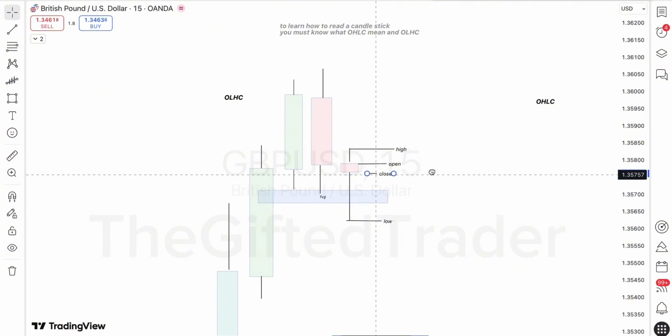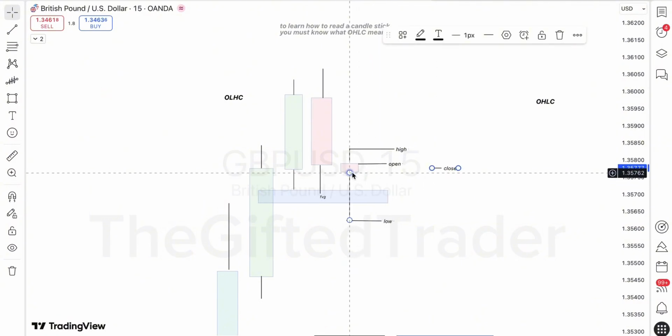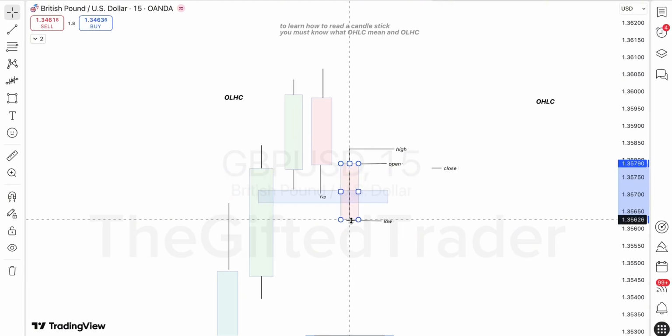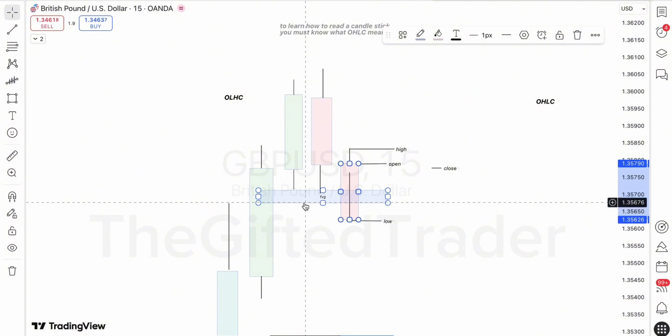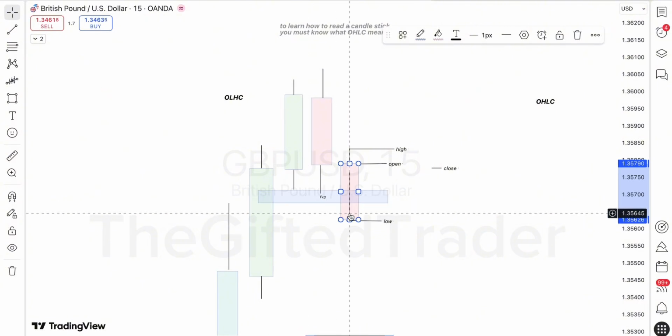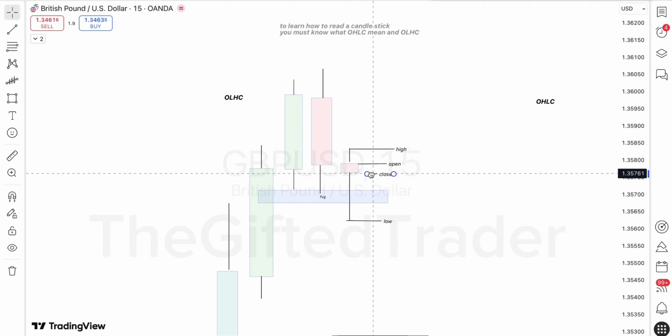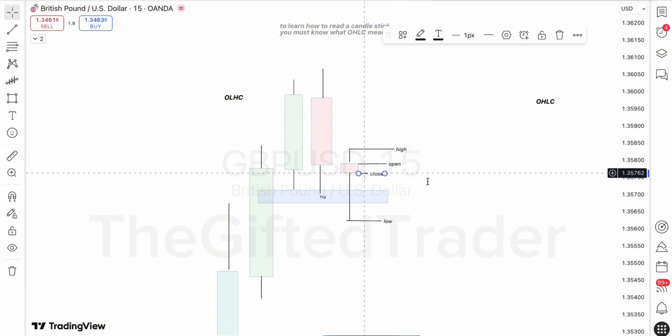First of all it went down to this spot. After eating up the fair value gap, before this candlestick was to end, price went back up, rejected to this point and closed here.